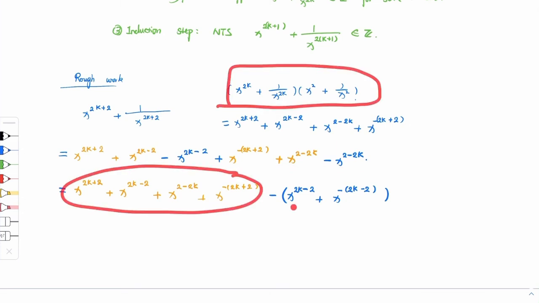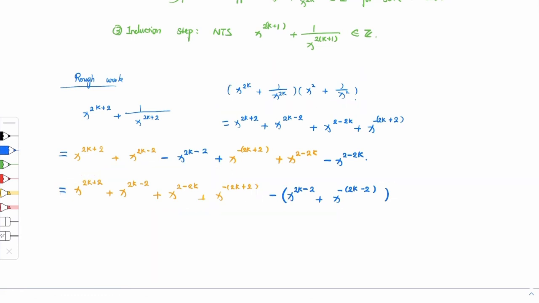So let's see if this can give me anything. This orange part will give me x to the 2k plus 1 over x to the 2k, times x to the 2 plus 1 over x to the 2, minus this. If you notice that x to the 2k minus 2 is x to the 2k minus 1.